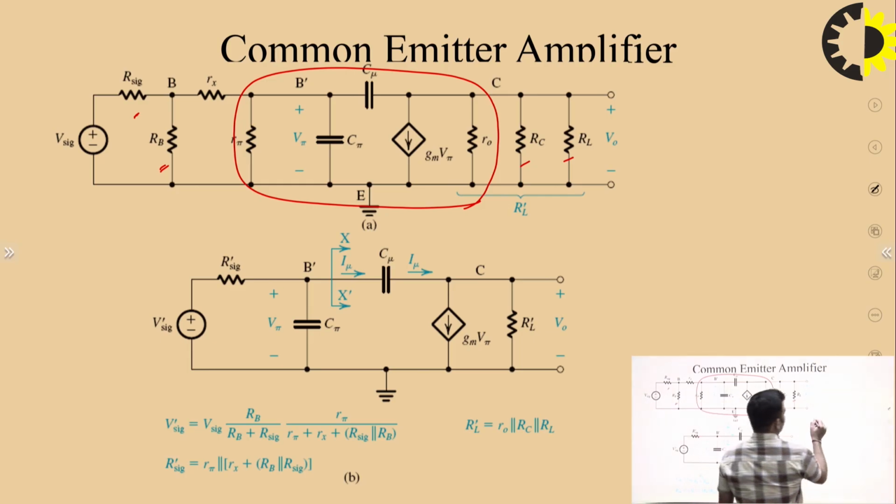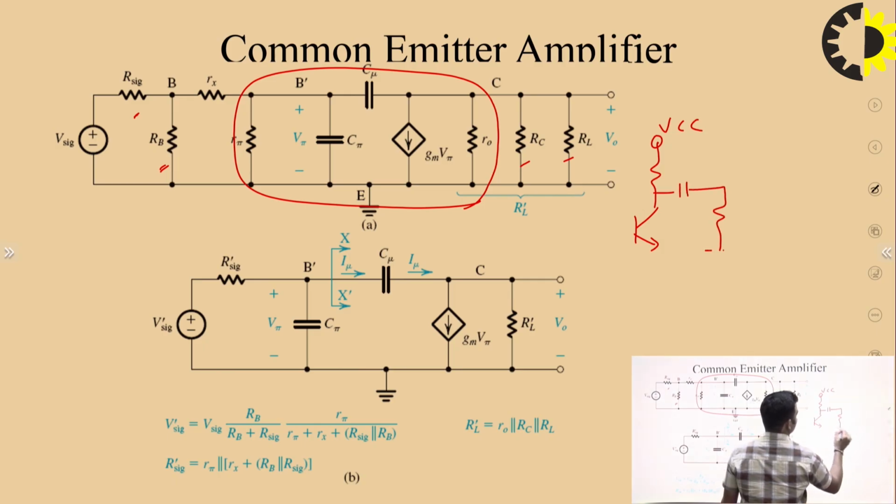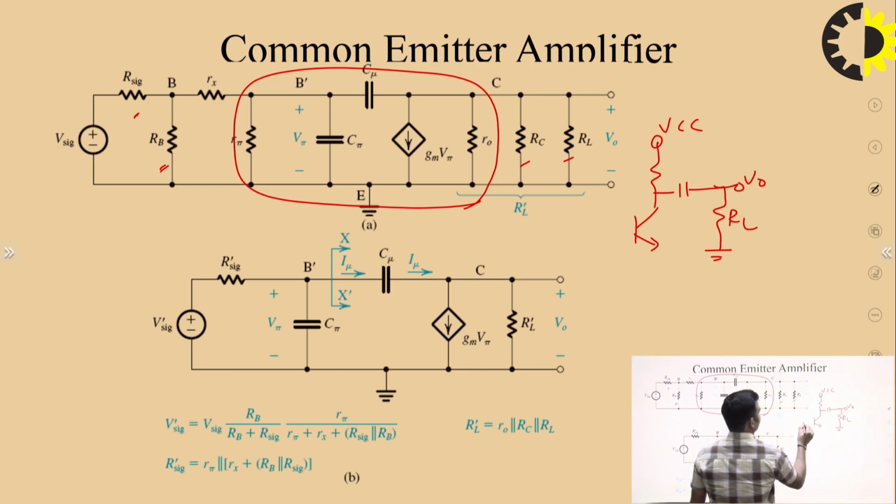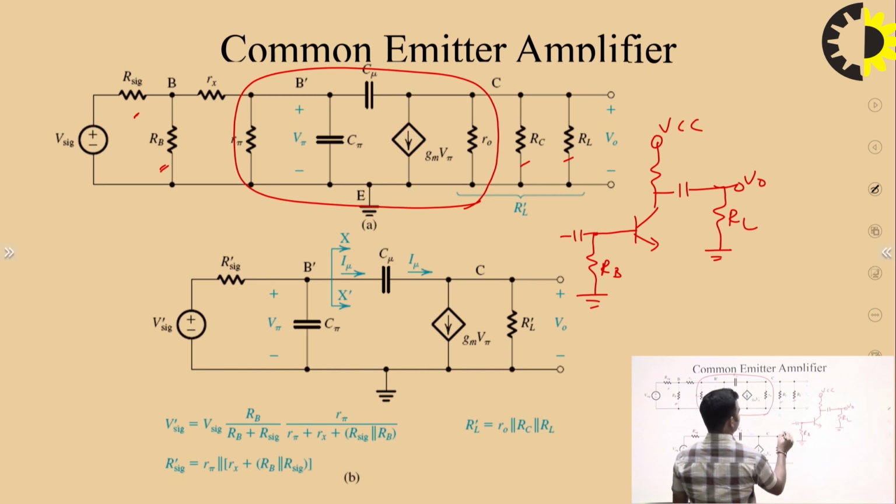If you would like to see the actual circuit, it will be somewhat like this: RL, V naught, RB, a coupling capacitor, and this V signal, and here will be the resistor R signal, sorry, and this is the V signal.